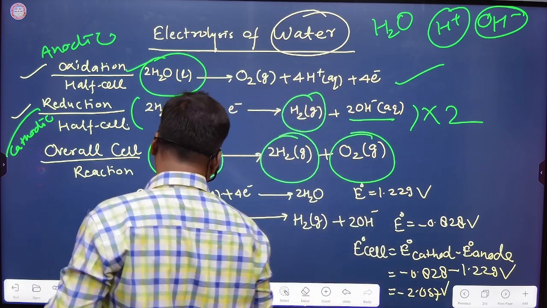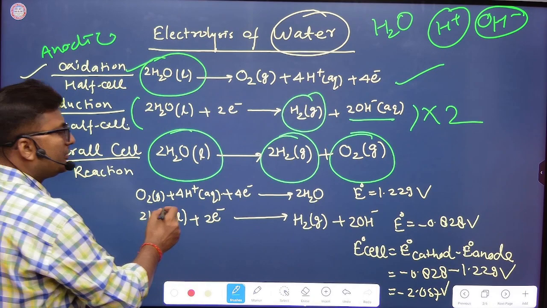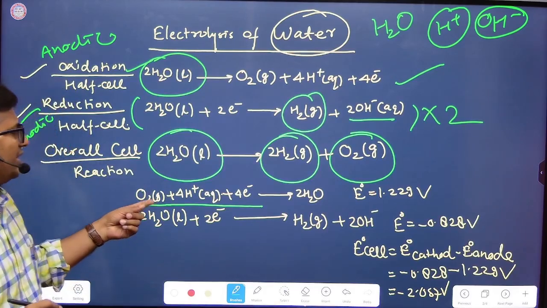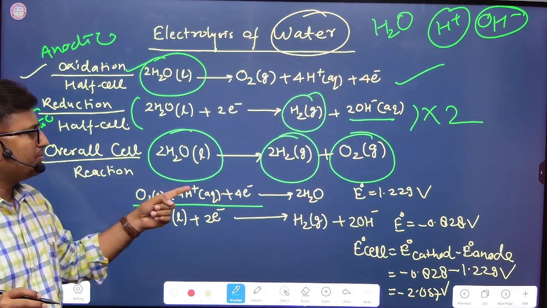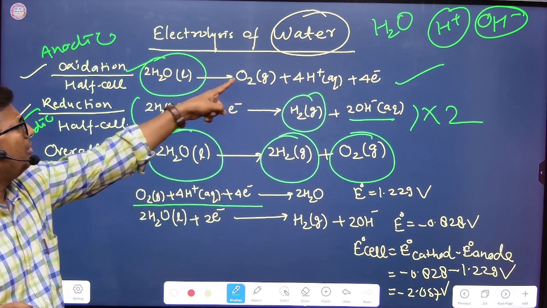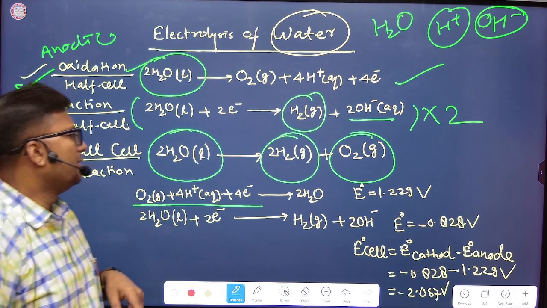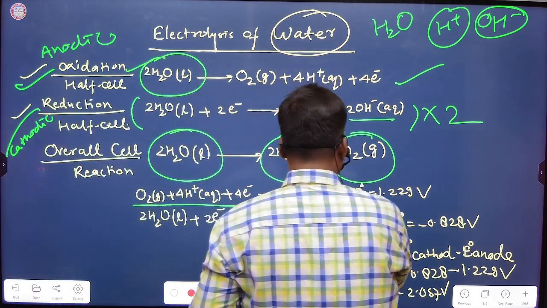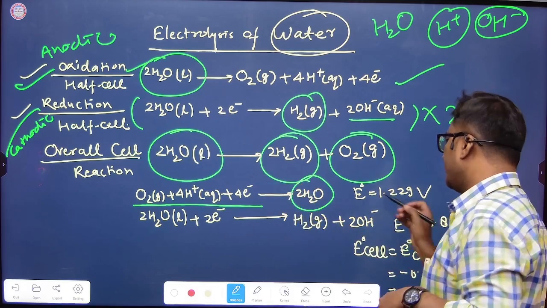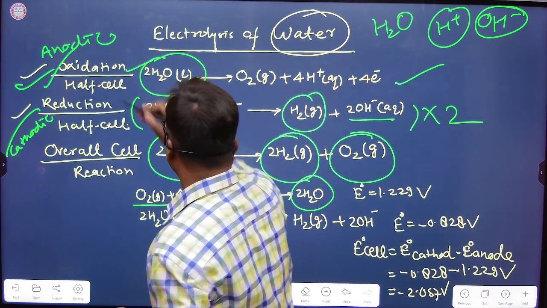Now what happens here is that in this reaction, that is oxygen gas plus 4H plus aqueous plus 4 electrons, just the reverse of this oxidation half cell reaction, forms 2H2O. So this is the reduction reaction corresponding to this oxidation half cell reaction.